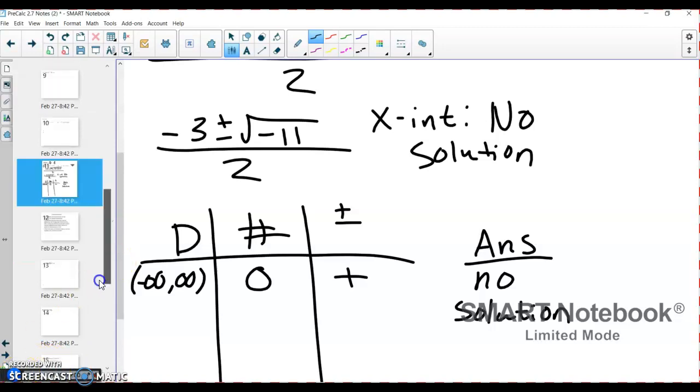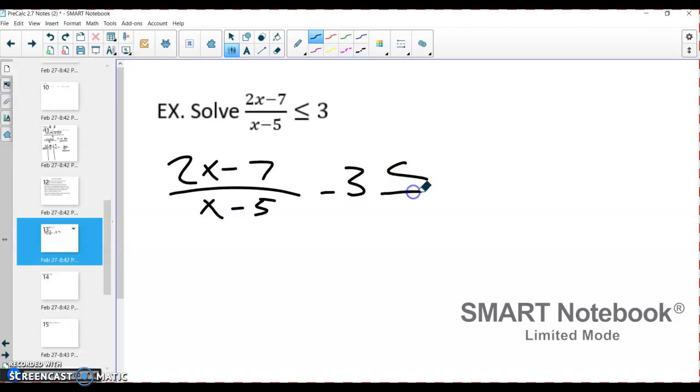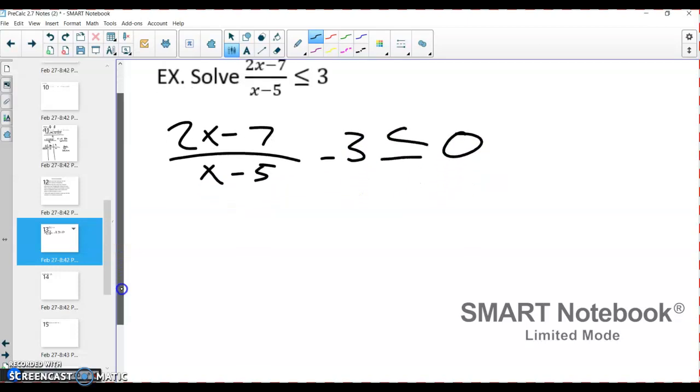Okay? Now one more problem here. Right here, we have the same kind of thing. We have 2x minus 7 over x minus 5. We're going to subtract over the 3. So that's a negative 3, and that's going to be less than or equal to 0.